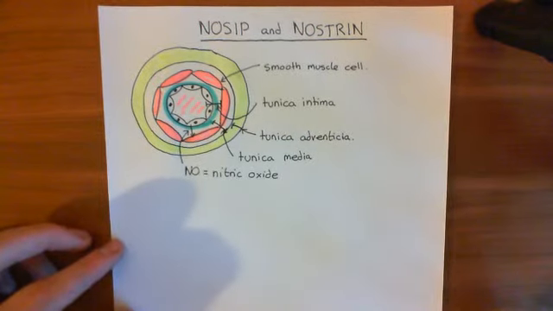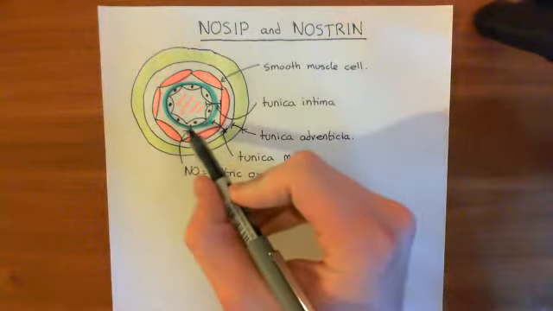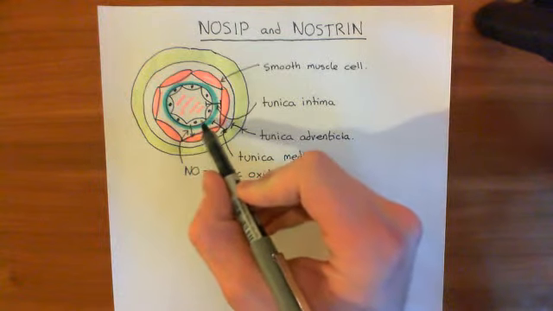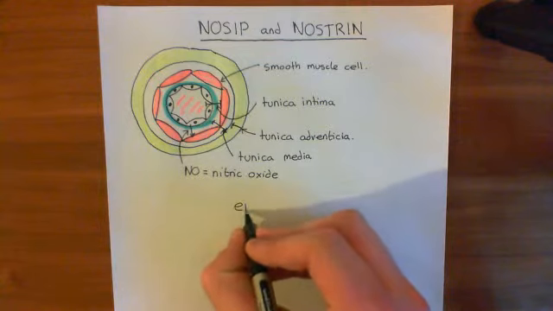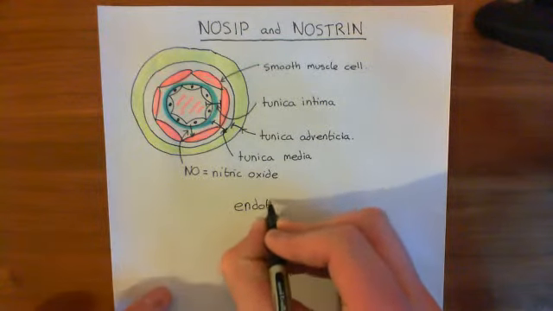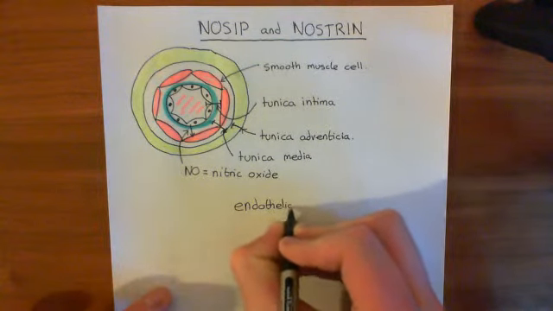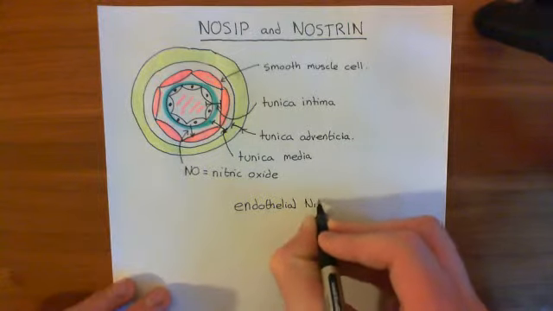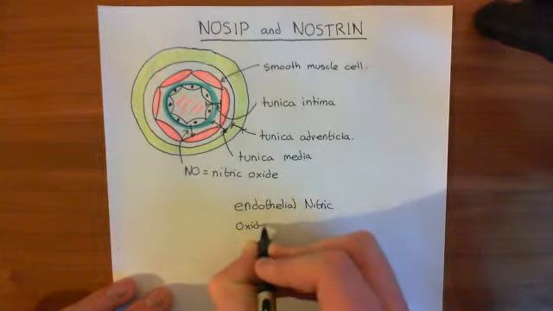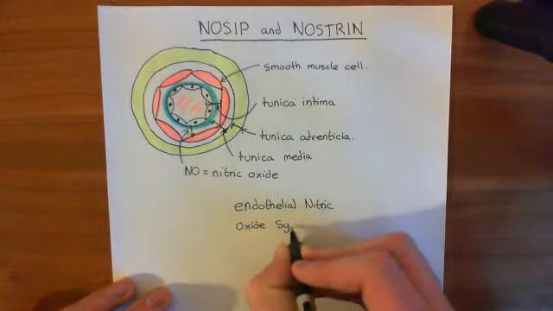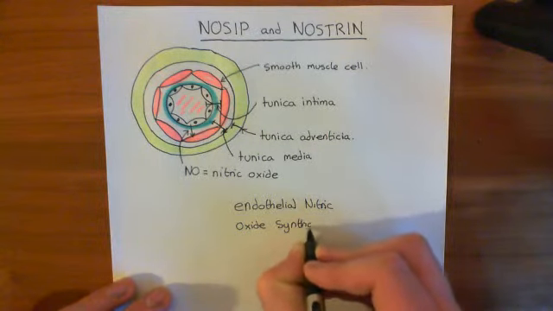Okay, so the enzyme which produces the nitric oxide is within the endothelial cells, and this enzyme is known as endothelial nitric oxide synthase. Nitric oxide synthase, or often abbreviated just to eNOS, basically. So you take all the initials.